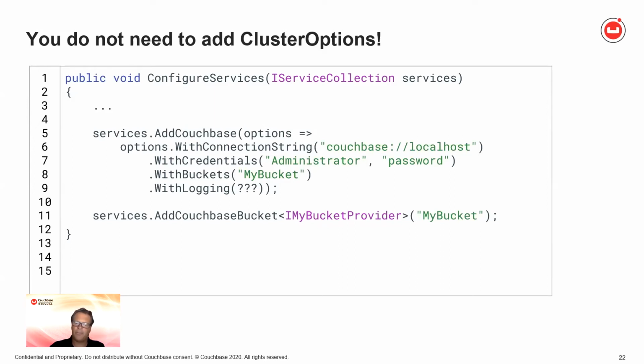So what do you do? Well, you do nothing. It's pretty cool. When services.AddCouchbaseBucket is called, my bucket provider is called, and internally we will resolve the dependency on the ILoggerFactory and inject it into the bucket provider and the cluster object itself. So there's really nothing you need to do here.